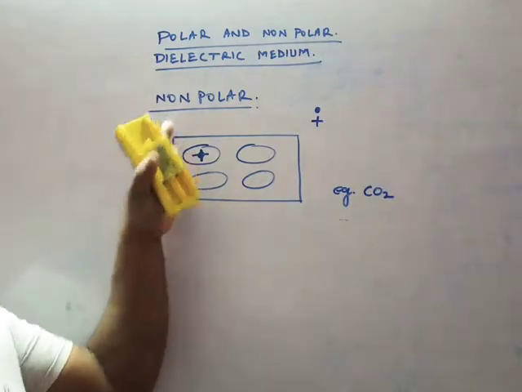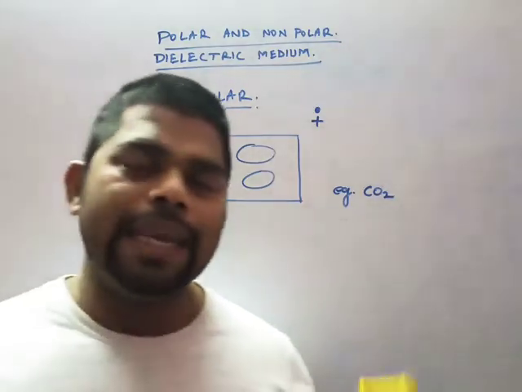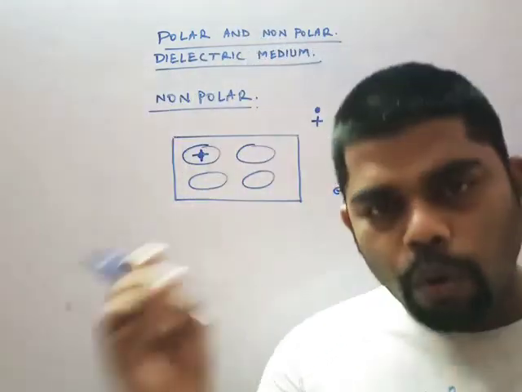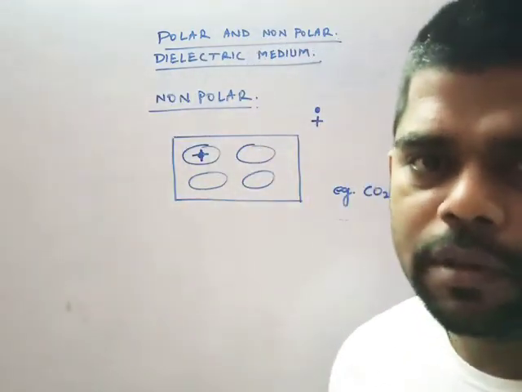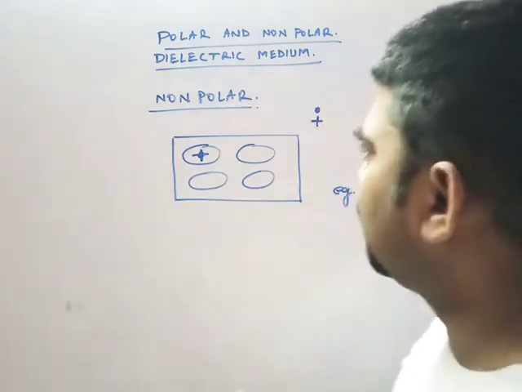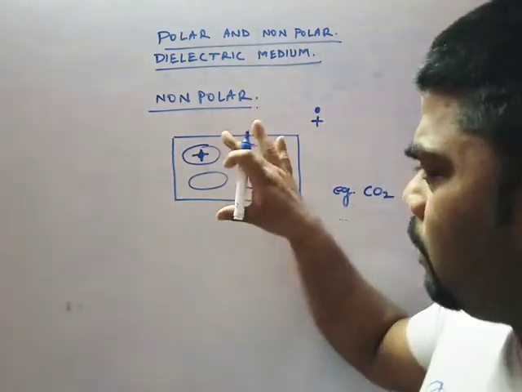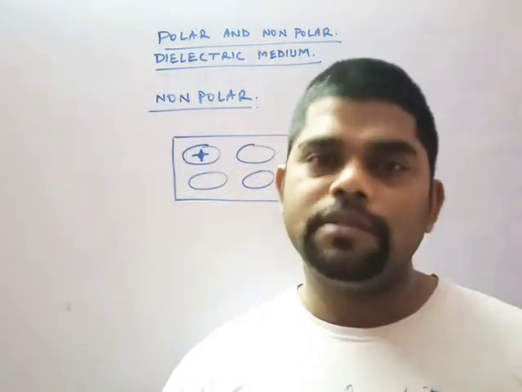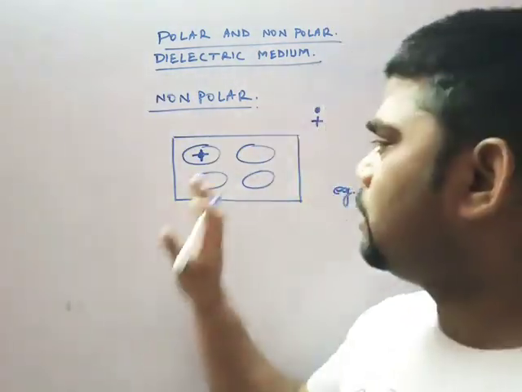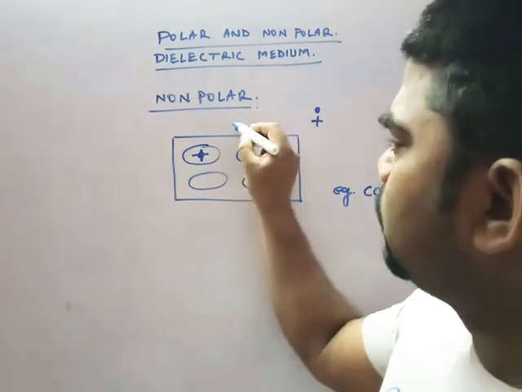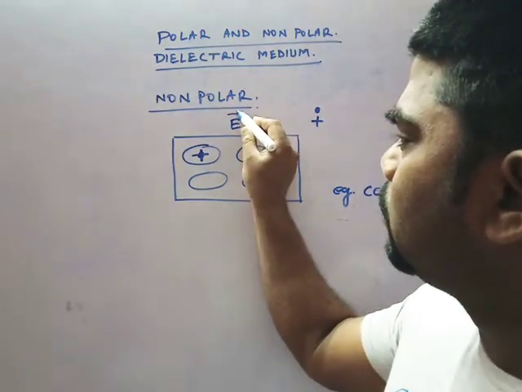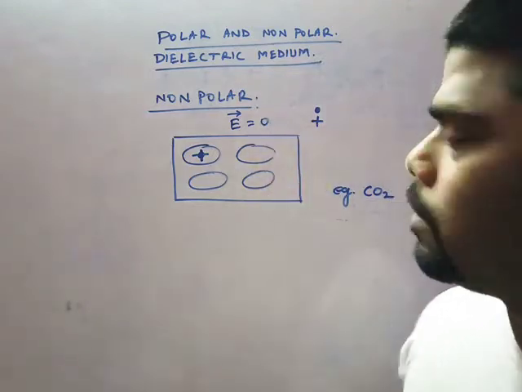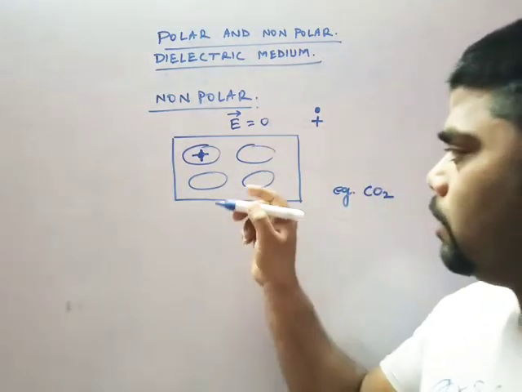In the non-polar molecules, positive and negative ions coincide with each other until we insert the non-polar molecule inside a field. This is outside the field, so let me take the electric field as 0 here.